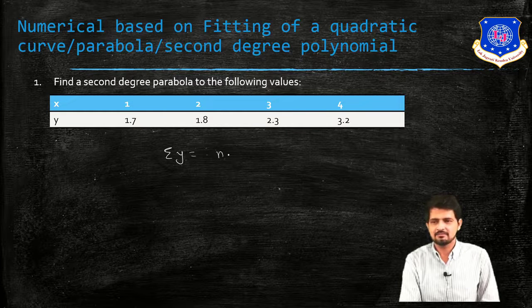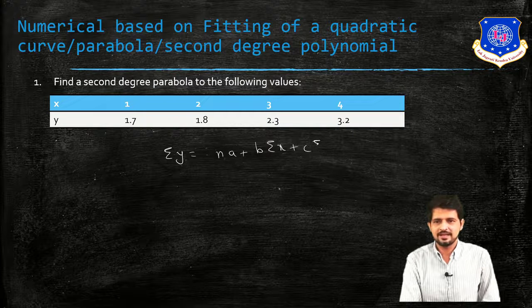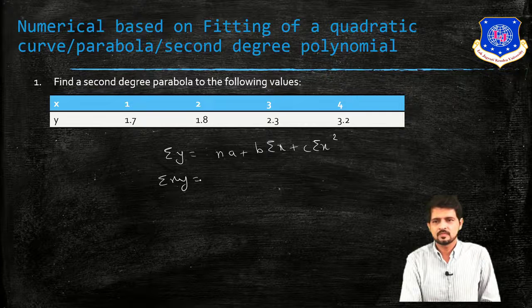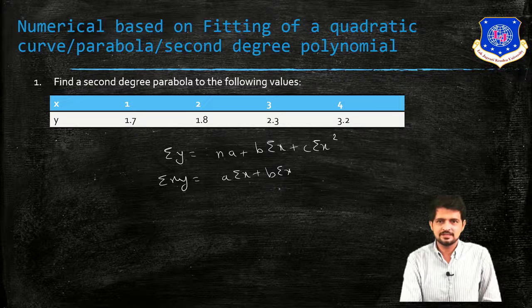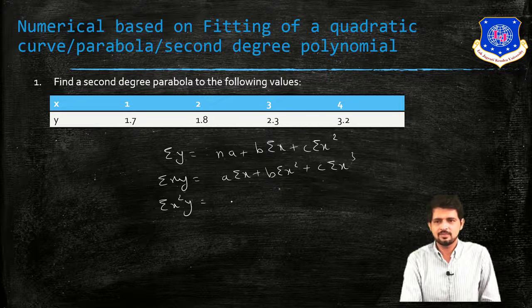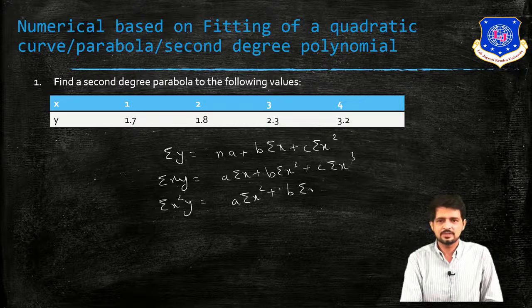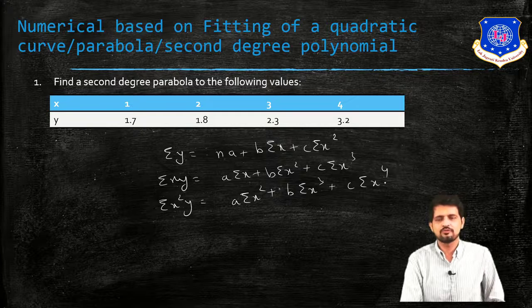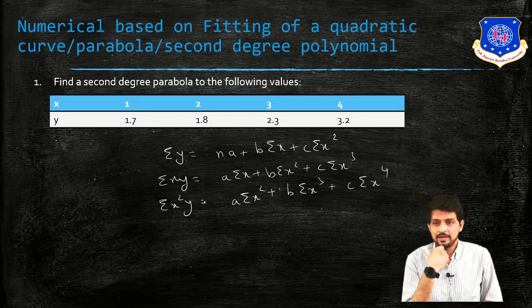Sigma y is equal to na plus b sigma x plus c sigma x square. Sigma xy equal to a sigma x plus b sigma x square plus c sigma x cube. And the third one is sigma x square y is equal to a sigma x square plus b sigma x cube plus c sigma x raised to 4. So we have to find all of these values.